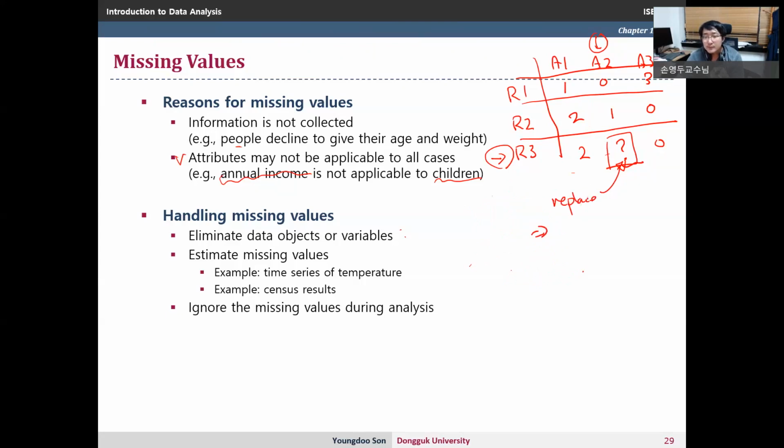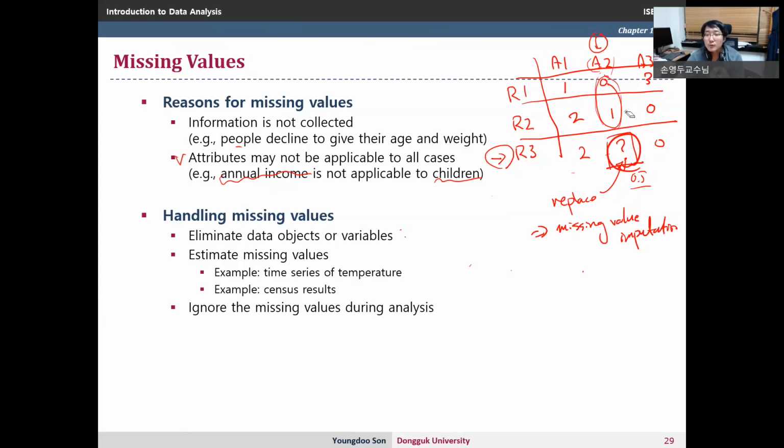This process is called missing value imputation. So we put some values here. For example, we can put the average of the other values of the same attribute, which is 0.5 in this example.